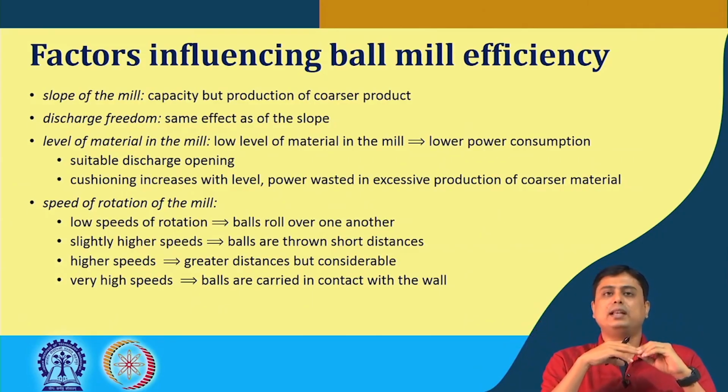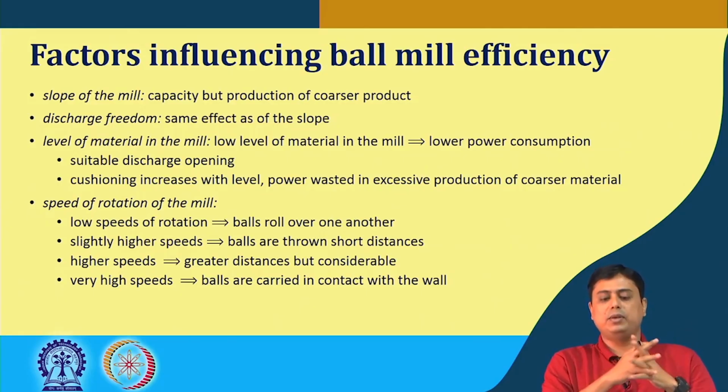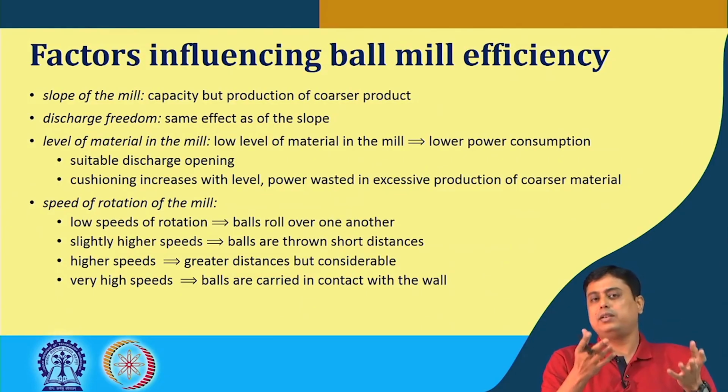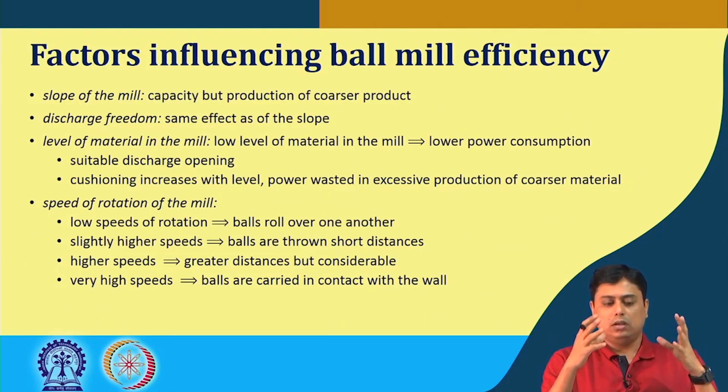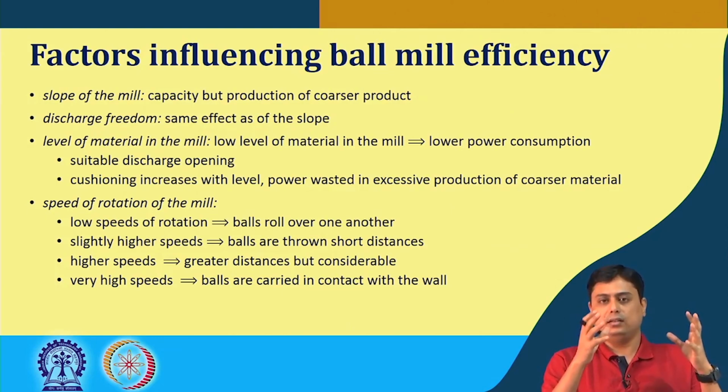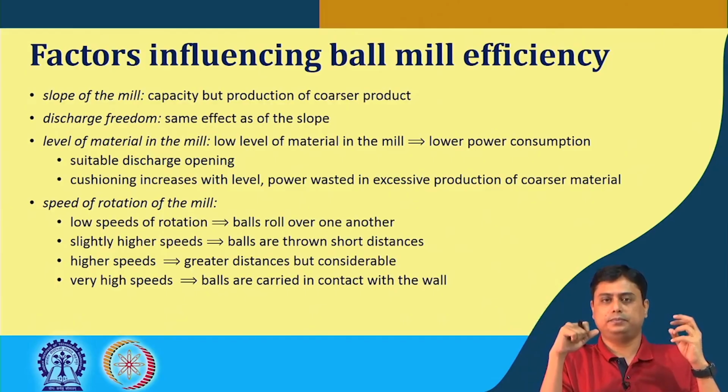The level of material in the mill we have also discussed. So, low level of material in the mill, there is definitely low power consumption. Now, this can be adjusted by placing some suitable discharge opening.